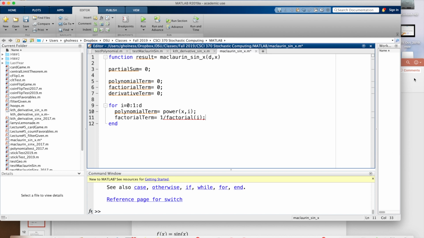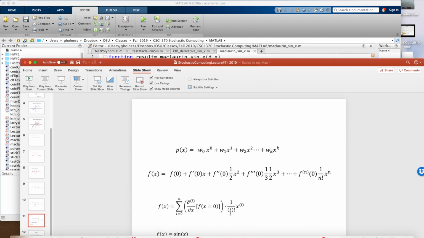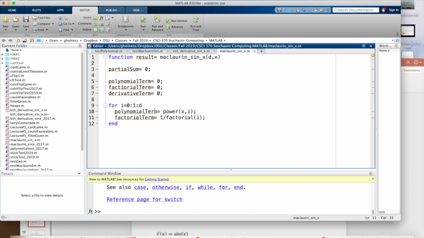So if we look back at the Maclaurin polynomial, it's 1 over I factorial. So here I take for my factorial term 1 over factorial of I, where I is that index for the summation. Okay. Did I spell something wrong? Polynomial term, factorial term, partial sum.